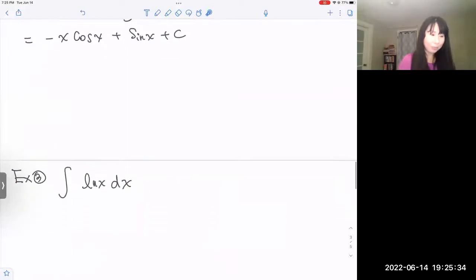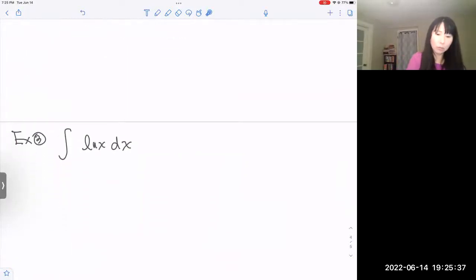Then what will the dv be? 1, excellent. If we don't see that, there is an invisible 1 there. So this is dv, or you can just think of dx. Yeah, that's okay too.